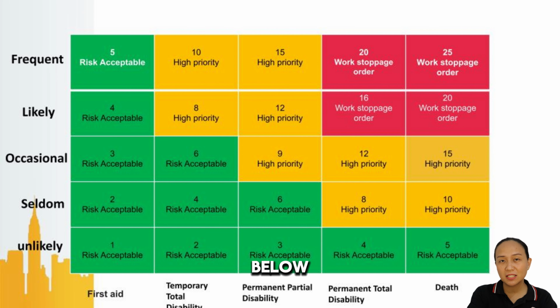Yung scoring po nila sa baba, this depicts the consequences or the severity. Now, 1 to 5 din po ang scoring sa ating likelihood or the probability. And if you multiply the likelihood and the consequences, the total or the overall risk rating, that would be the risk rating po natin. Okay?